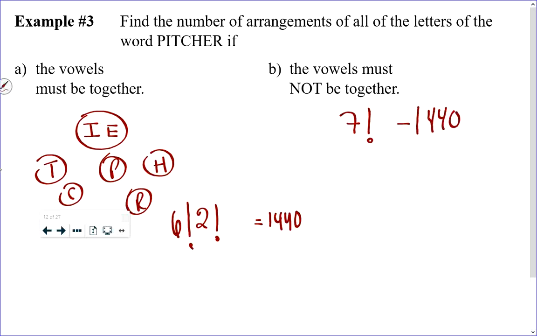When you take 7 factorial, which I think is 5040, you get 5,040 unique arrangements of all of the letters, and some of those arrangements will have the vowels together, and some will not. There's no other option. The vowels are either together or they are not. So if you take away from the total the number where the vowels are together, you're going to get the number where the vowels are not together. 5040 minus that is, I want to say 3,600.